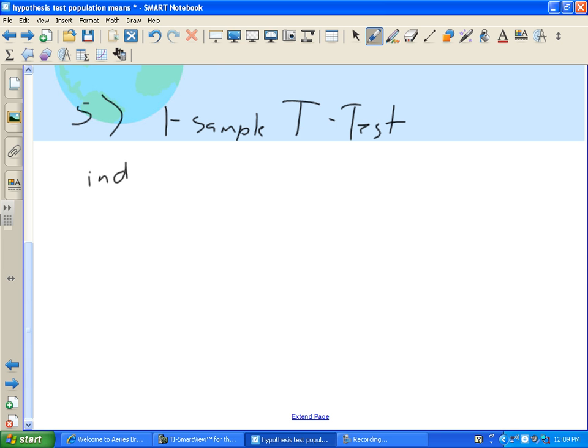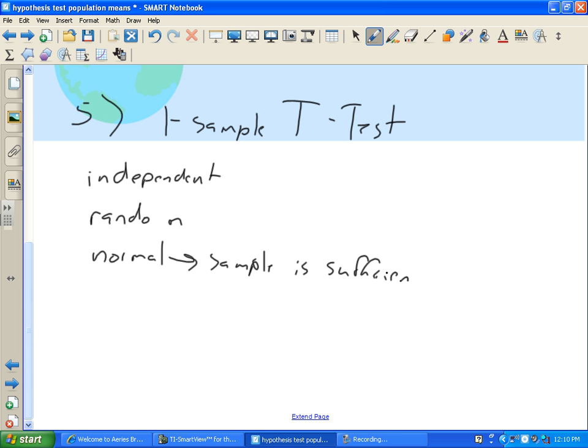Independent, random, and normal. Normality here is real easy. Our sample size is sufficiently large.